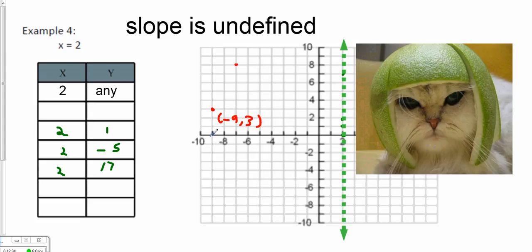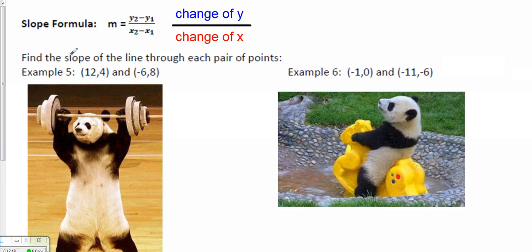It's -9 over and 3 up. This point up here is -7, 8. We know that because it's -7 over and 8 up. So if they didn't give us the picture, they just gave us these numbers.